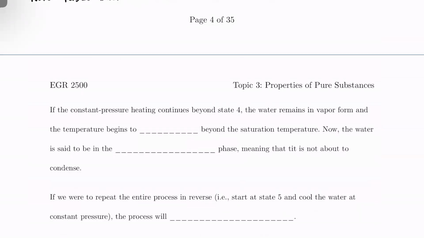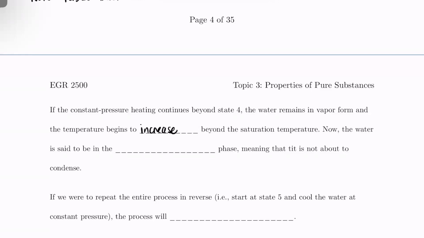So if we continued heating our container of water beyond state 4, the water is going to stay a vapor, and then the temperature begins to increase beyond the saturation temperature. We're just heating up that substance, but it's not changing state anymore.